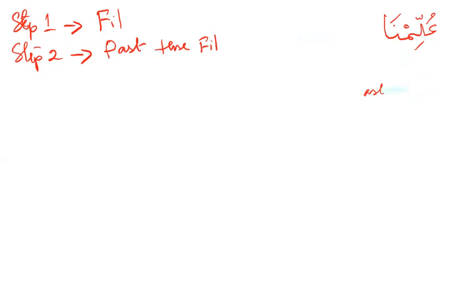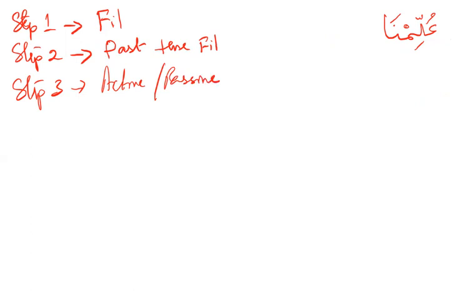Then step 3: active or passive, and in the past tense we know it is the Ain kalma. Is this passive or active? Passive. Step 4, inside dua: nahnu.